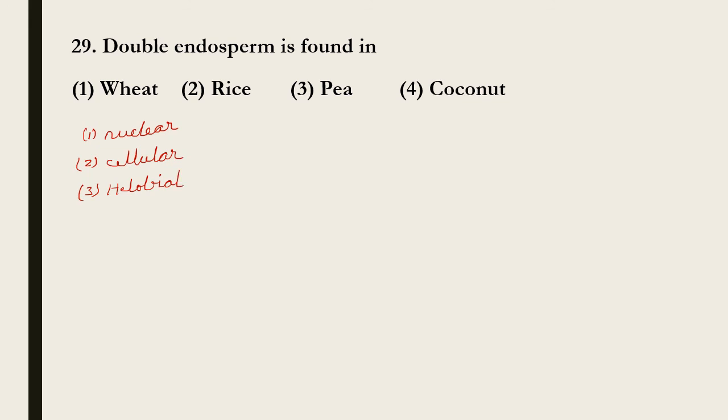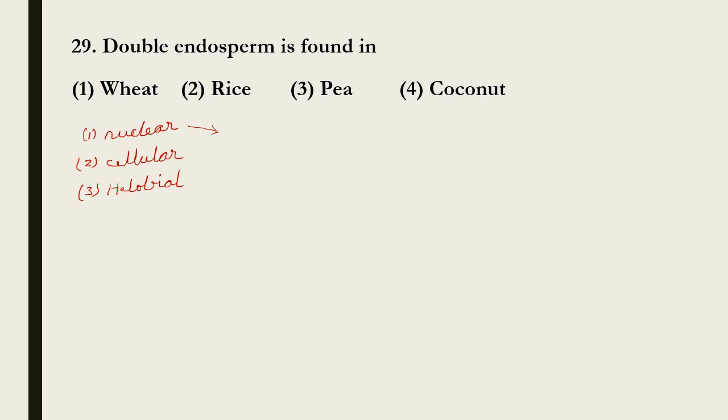Double endosperm we can find in the nuclear endosperm, which consists of several nuclei. That means nuclear division takes place without cytokinesis. Such endosperm we call the nuclear endosperm.